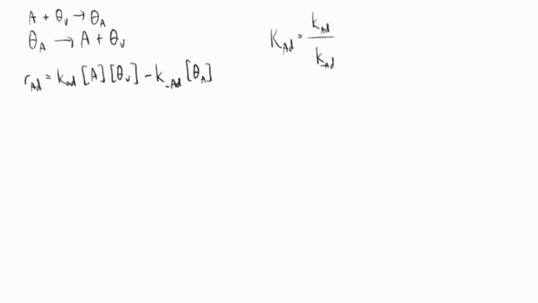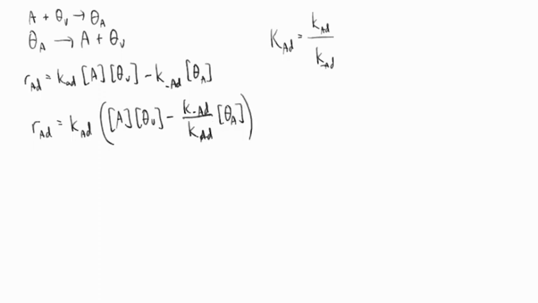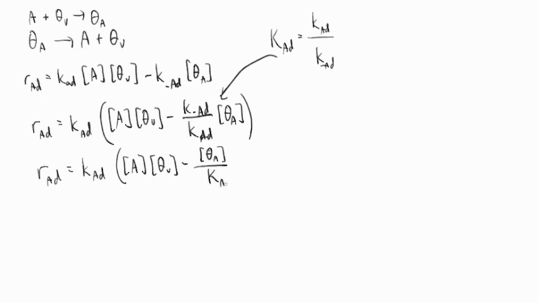If we factor out the specific reaction rate constant in our rate equation here, we would have K adsorption times concentration of A times concentration of theta V, minus the specific reaction rate constant for desorption over the specific rate constant for adsorption, multiplied by the concentration of theta A. Now, substituting our definition for the equilibrium constant of adsorption, we now have our rate of adsorption written as the specific reaction rate constant for adsorption times the concentration of A times the concentration of theta V minus the concentration of theta A divided by our equilibrium constant for adsorption.